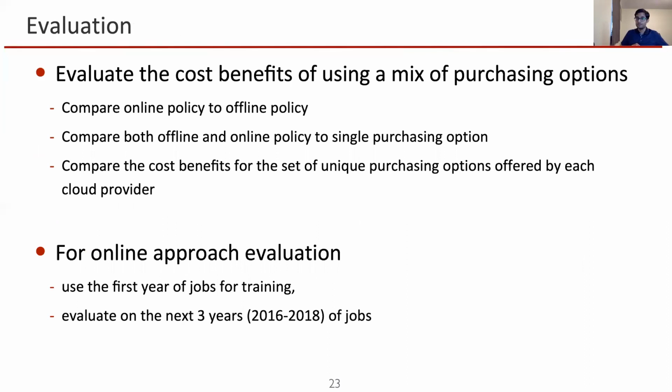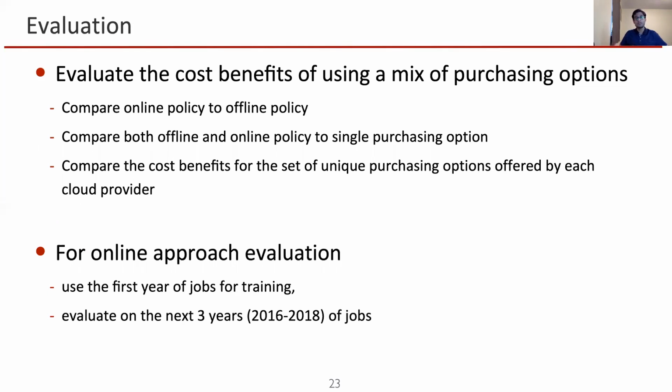In evaluation, we evaluate the cost benefits of using a mix of VM purchasing options by comparing them to solely using one option like reserved or on demand. Also, we compare the online policy to the offline policy to give an idea about how far our online policy is behind our offline policy in terms of cost benefits.